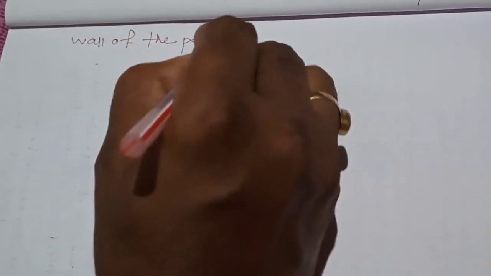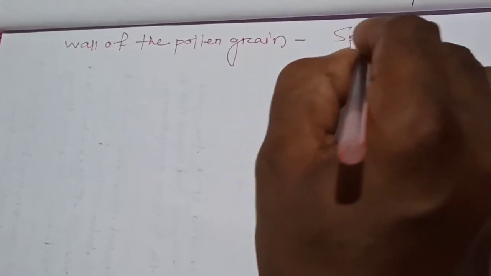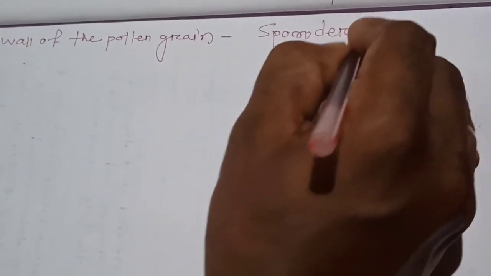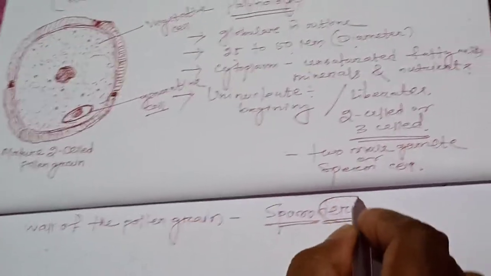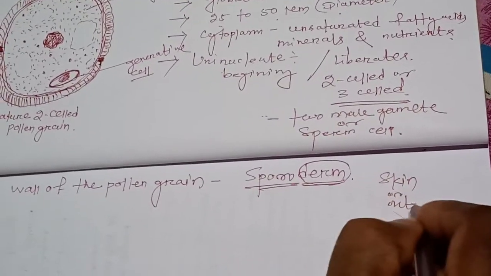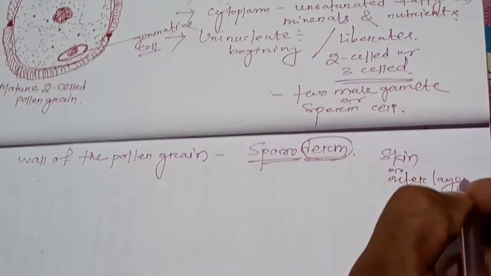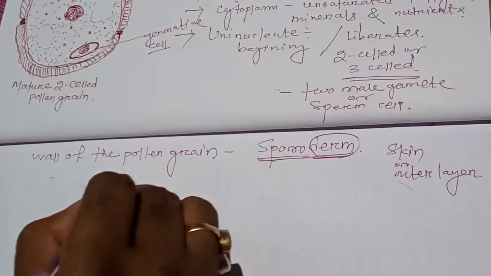Now I am going to talk about the wall of the pollen grain. The wall of the pollen grain is called sporoderm, as it is a microspore wall. Derma means skin or outer layer. The sporoderm consists of two layers.